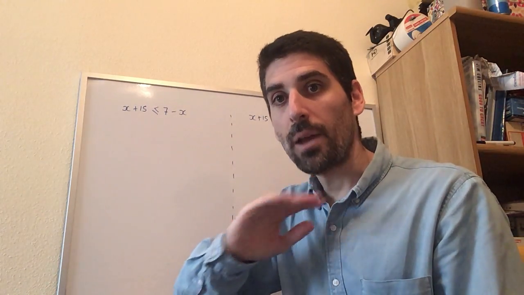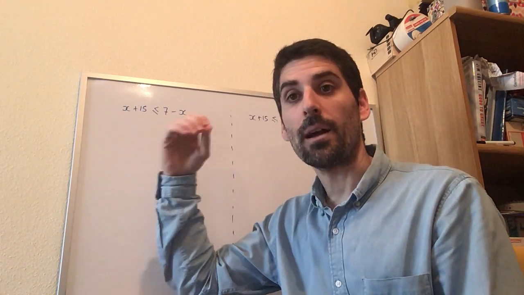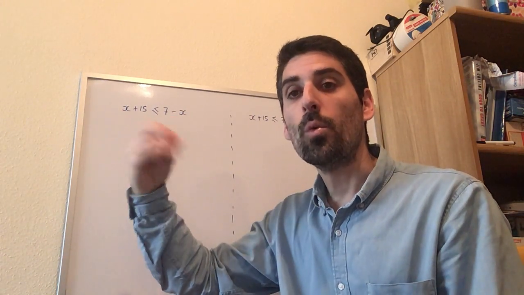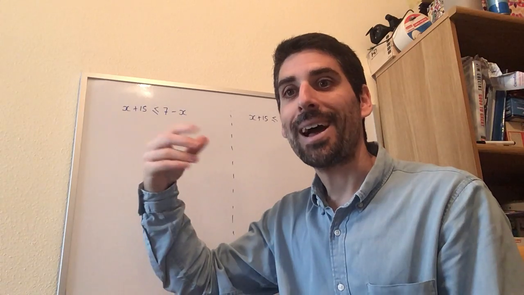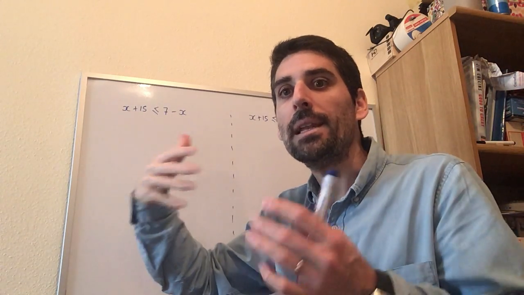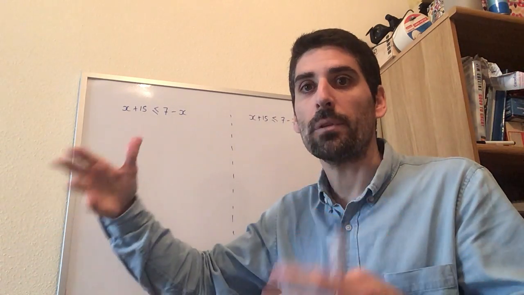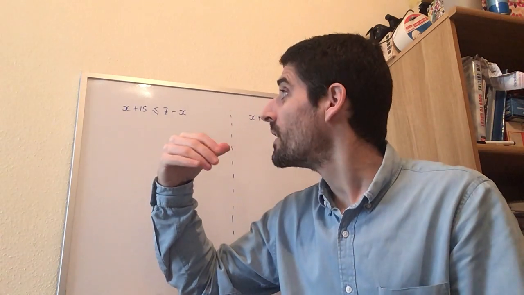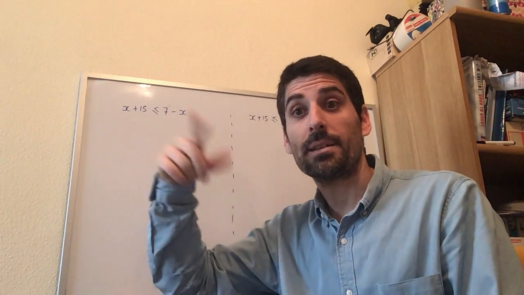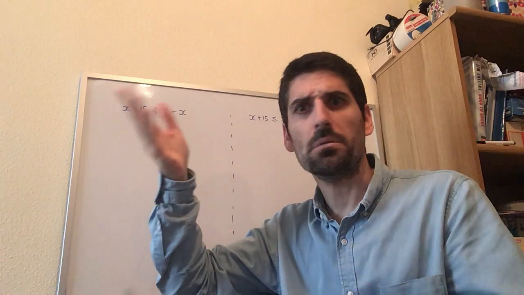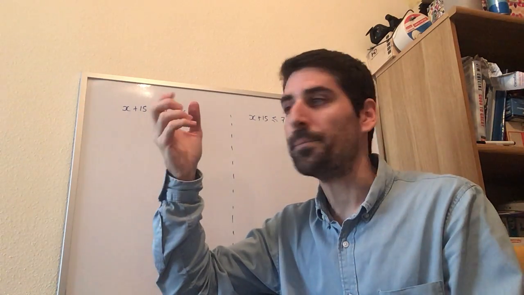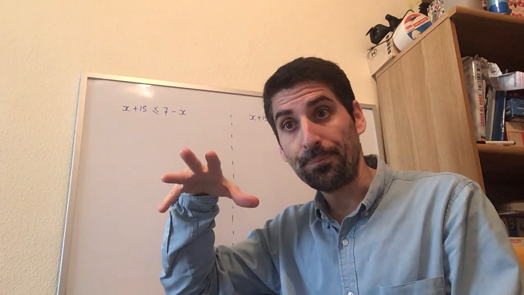As always, I would start by looking at it and asking myself, which side of the inequality has got the least amount of my variable, so the least amount of x. Now you may think that both sides have only got one x, so both sides have the same amount. But that's not true.